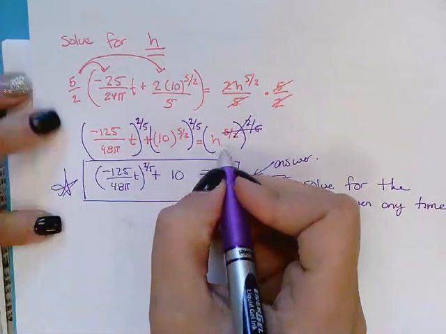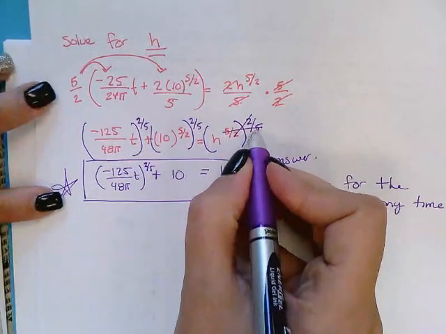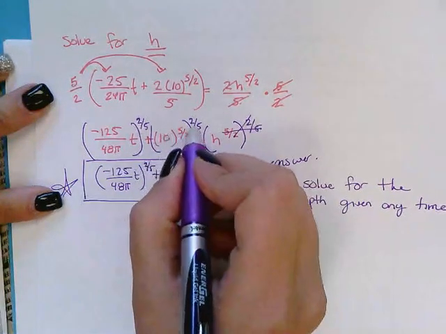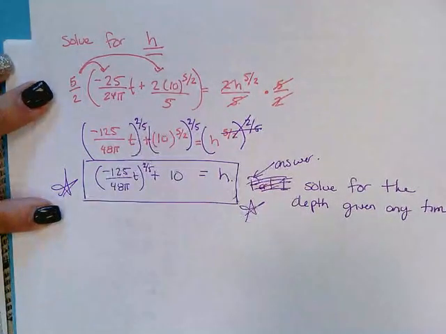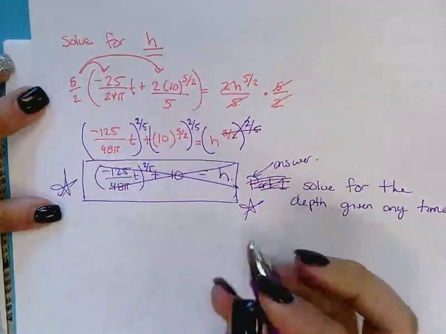Okay? So what I did is I said, oh, take the 5/2 of this, take the 5/2 of that, and that. You cannot do that. So this is actually the wrong answer.